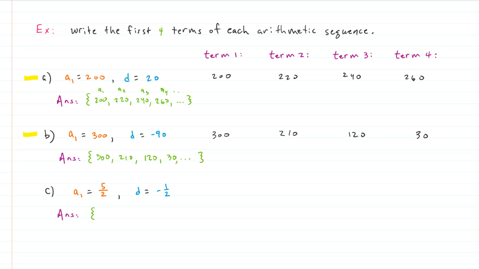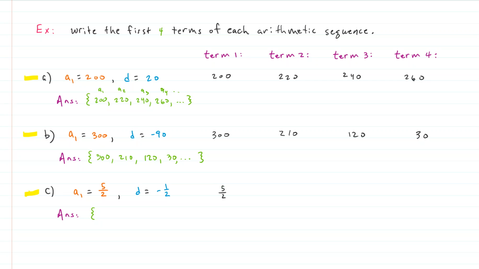Our third example here, problem C, our a1, our first term, is given to us as usual, and that is 5/2. And our common difference is -1/2.